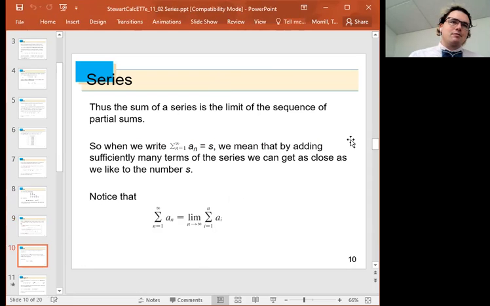Now, this has some consequences for the way that we're going to calculate the sum of a series, right? It's one thing to have this abstract notion of, does this problem make sense or not? But I want answers. I want actual values I can compute.